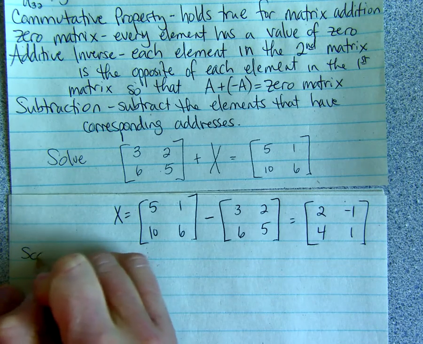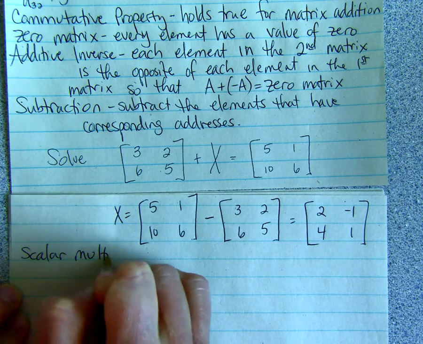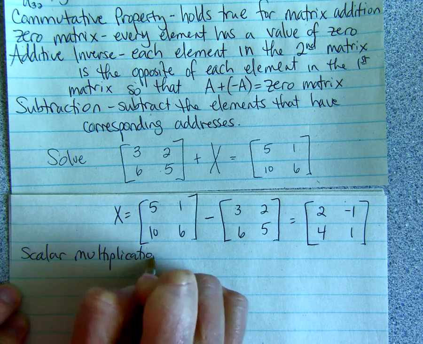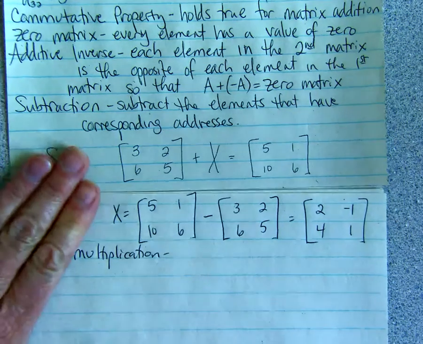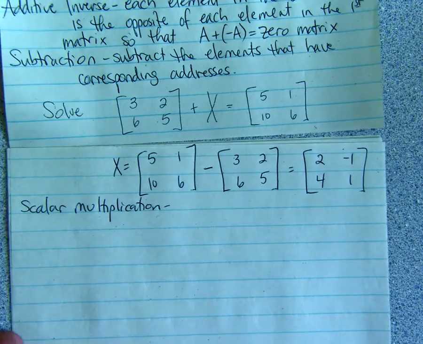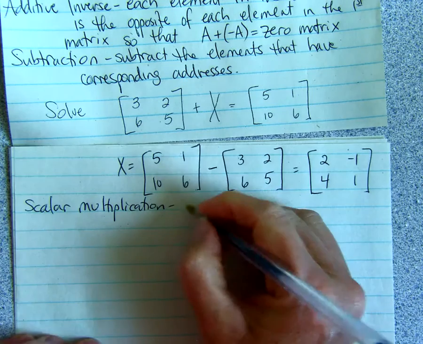Then we have what's called scalar multiplication. That's just you're multiplying each element in a matrix by a constant.